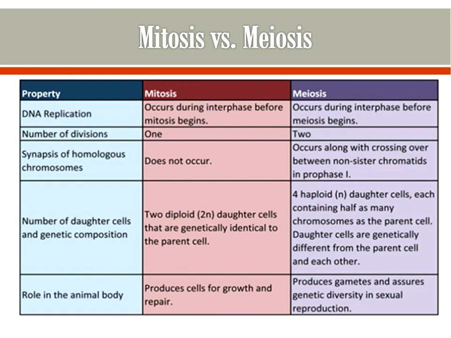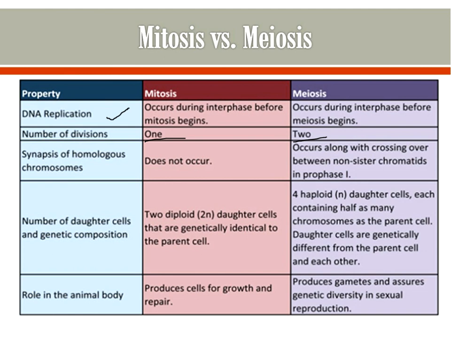Here we go again. This is just comparing the two. Okay? DNA replication is the same. Number of divisions, though, 1 versus 2. Homologous chromosomes do not occur here, but in meiosis, it does. That's what splits them in half.